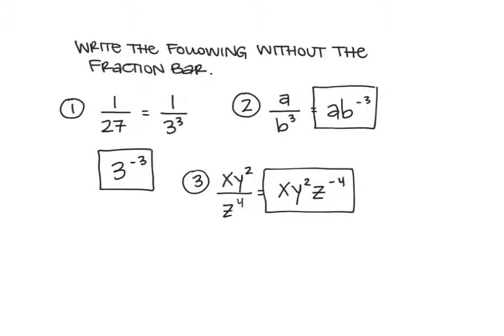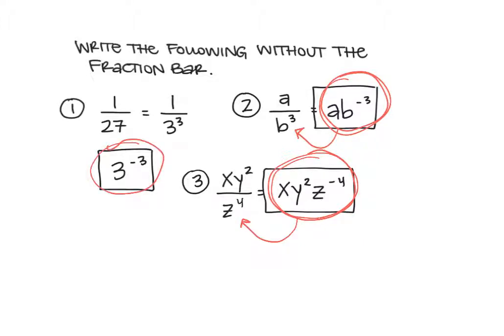So again, you're just doing this in the reverse way, whereas before they were giving you this problem and asking you to write it with positive exponents only, or they would give you 3 to the negative 3rd power and you would write it that way. Now, these types of problems just ask you to do the reverse, to get rid of the fraction, but it would be okay to have negative exponents.